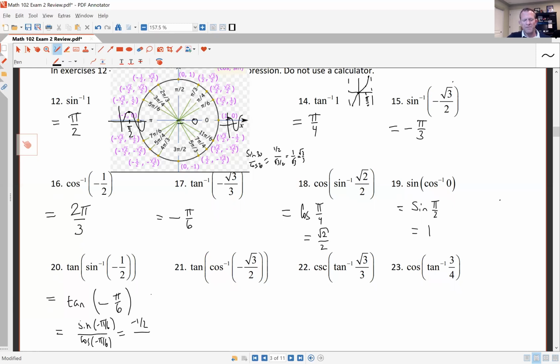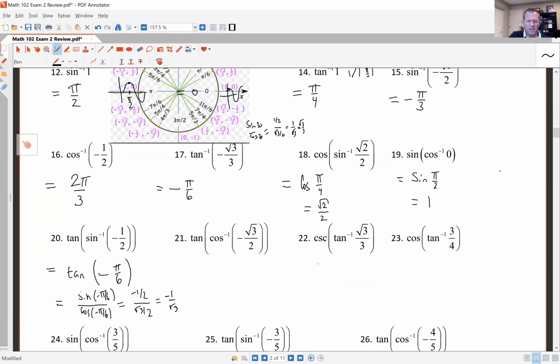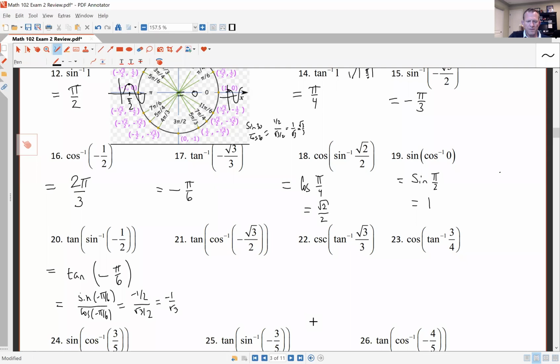And the cosine of negative pi over 6, in quadrant 4, cosine's positive, and pi over 6 being a 30-degree angle, this is root 3 over 2, which gives us negative 1 over root 3. And when we rationalize the denominator, we get negative root 3 over 3.